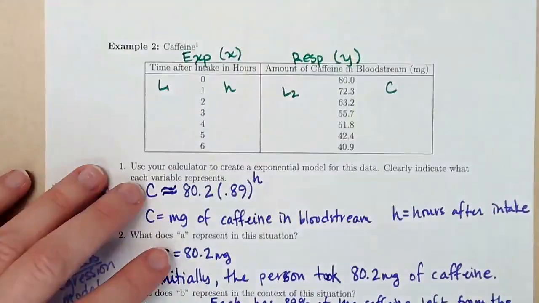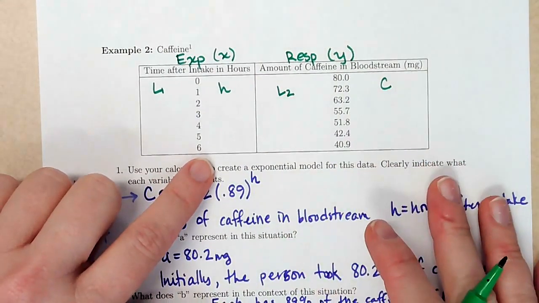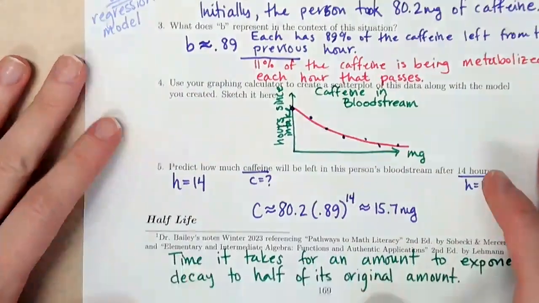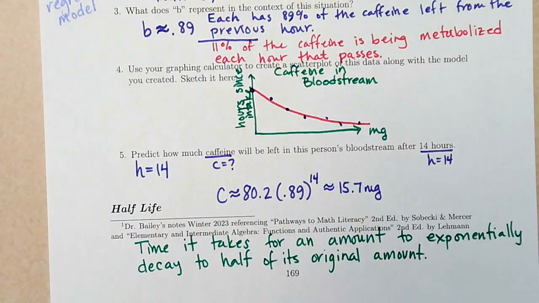Okay, so in this case, we would look to see where it was about 40, which is right around 6 hours for the caffeine in this situation.